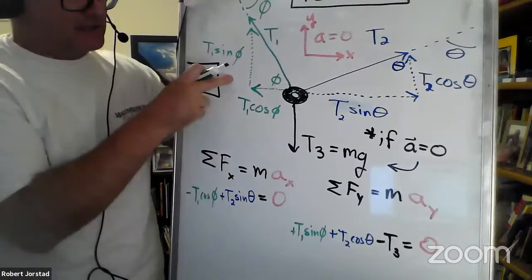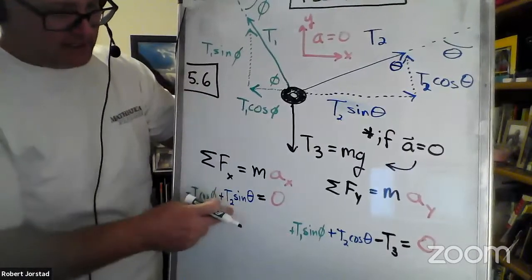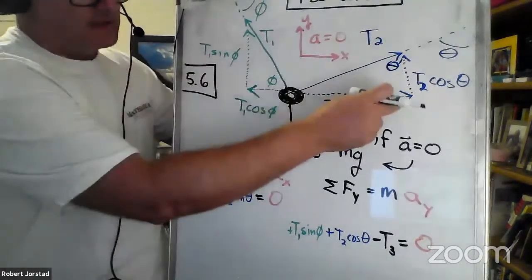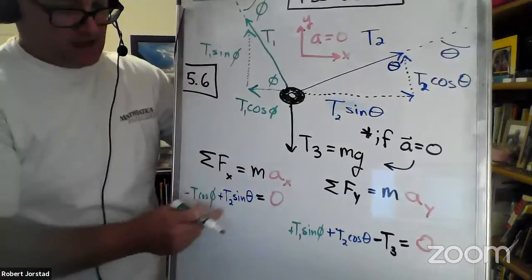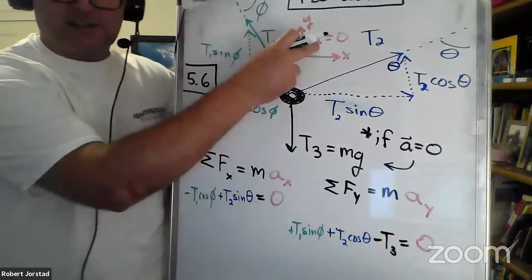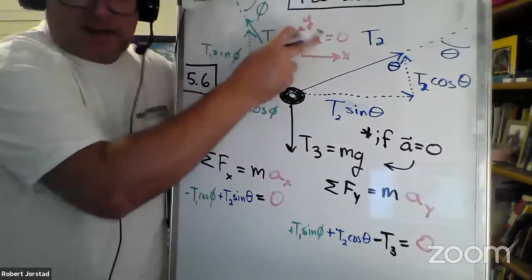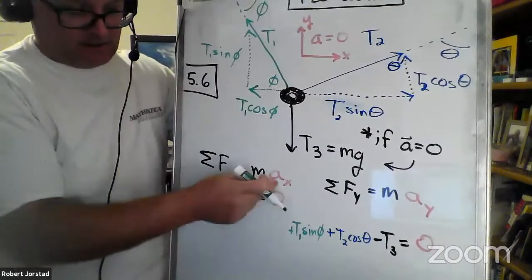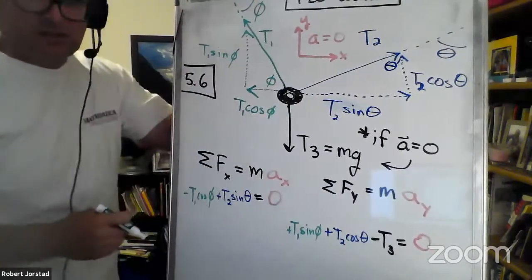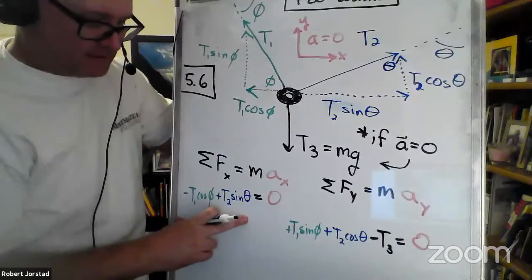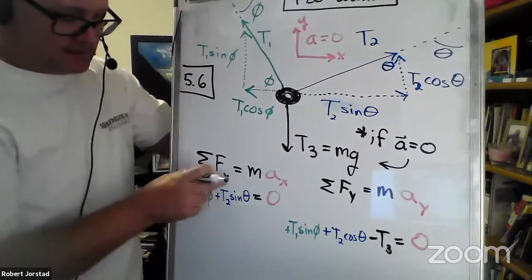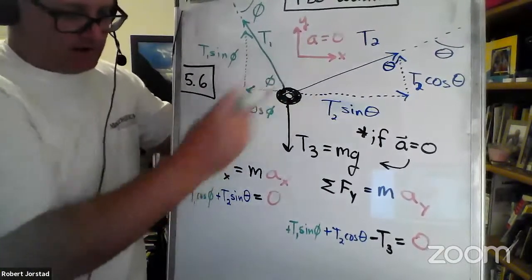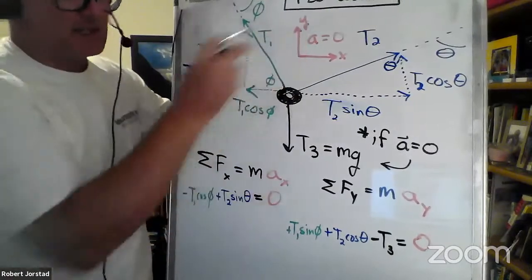I have a plus T2 sine. That one's going to the right. And then in this case, acceleration is 0, both x and y. So I know that this side is 0 if a is 0. So any questions about the sum of forces in the x? The sum of forces comes from the left-right arrows. The 0 comes from the acceleration.